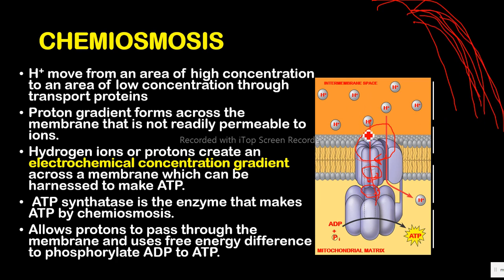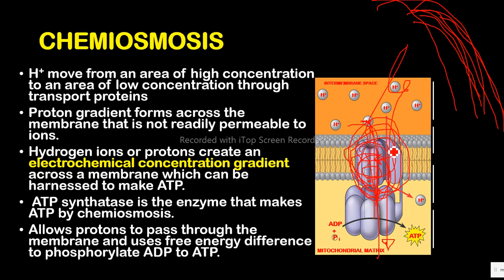So these protons are also like falling through this protein. As they are falling, they carry that potential energy. It is the potential energy that will spin this protein molecule. The energy lost by these protons diffusing through this ATP synthase enzyme is the one that will spin this protein within the membrane.